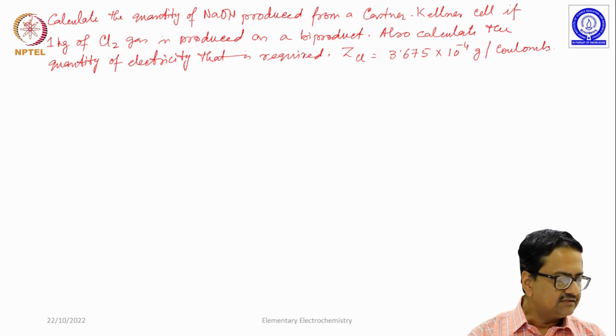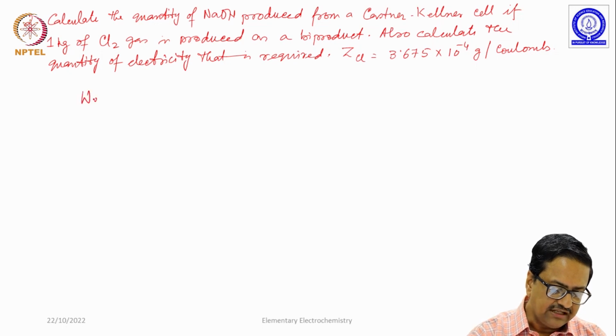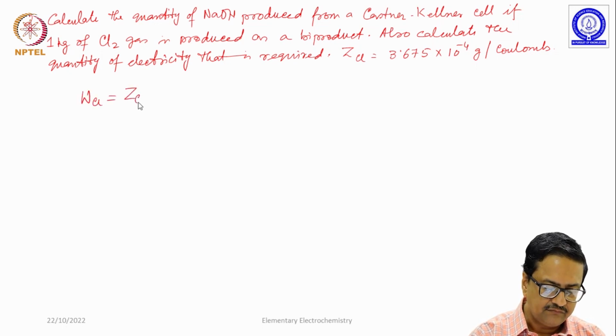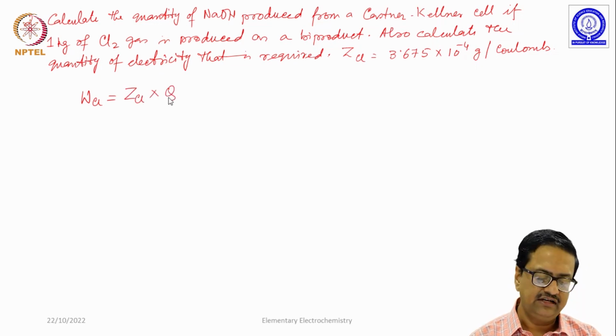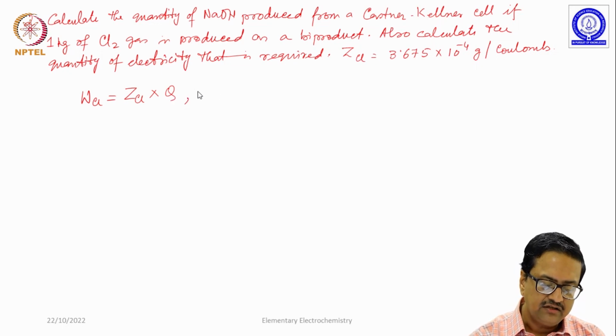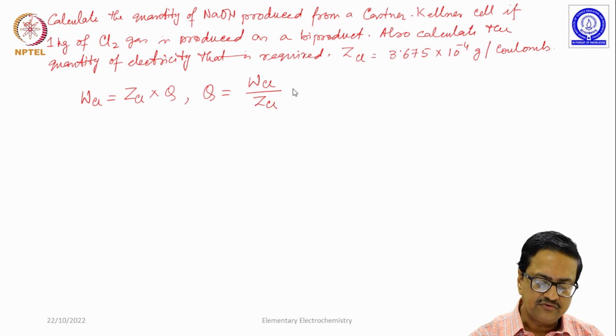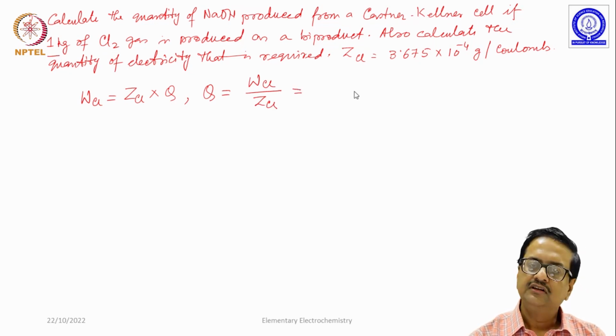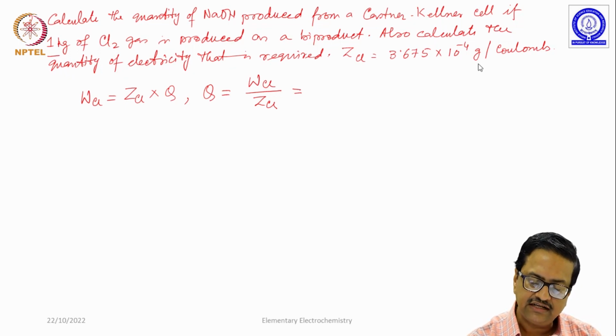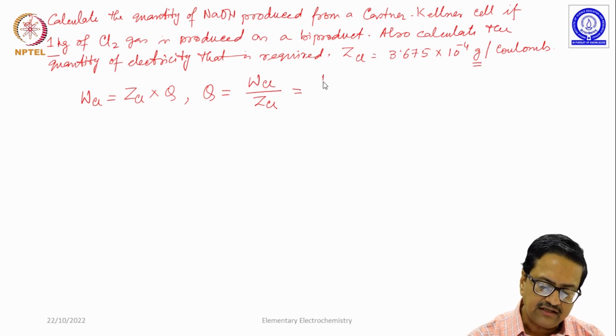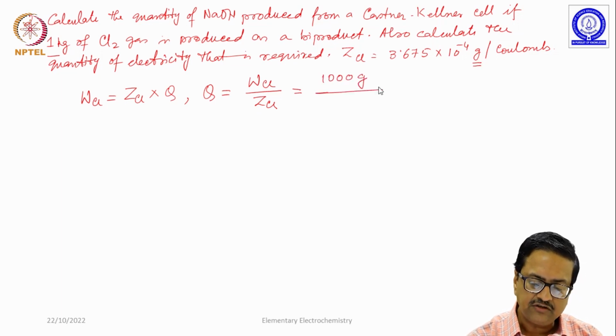Using Faraday's laws of electrolysis, one can write W of Cl is equal to Z of Cl into Q, the quantity of electricity used, so Q is W of Cl by Z of Cl. The weight of chlorine is 1 kg, and as Z is given in gram, we write it as 1000 grams divided by 3.675 into 10 to the power minus 4 gram per coulomb.